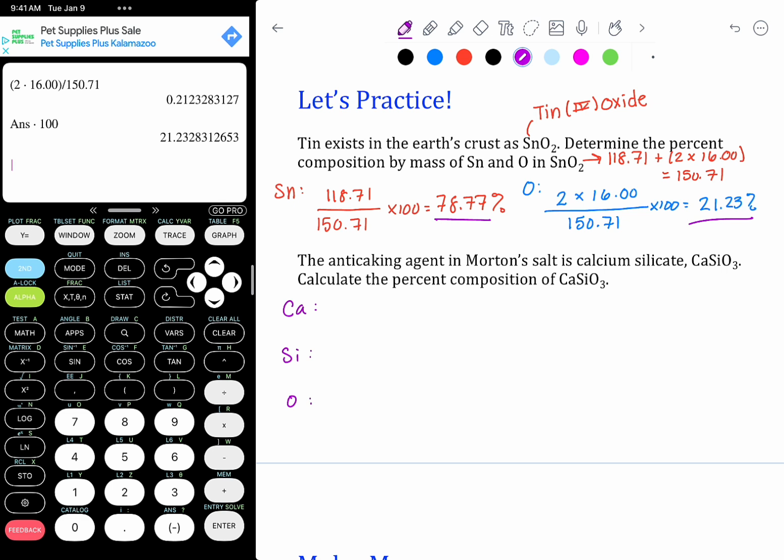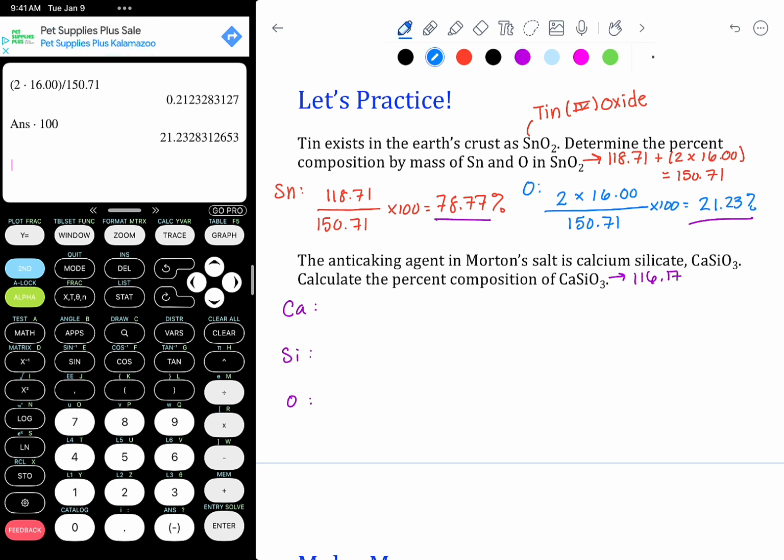So pause the video and try that on your own. I got a molar mass of calcium silicate to be 116.17 AMUs. So that's our total that we're going to use for this problem.